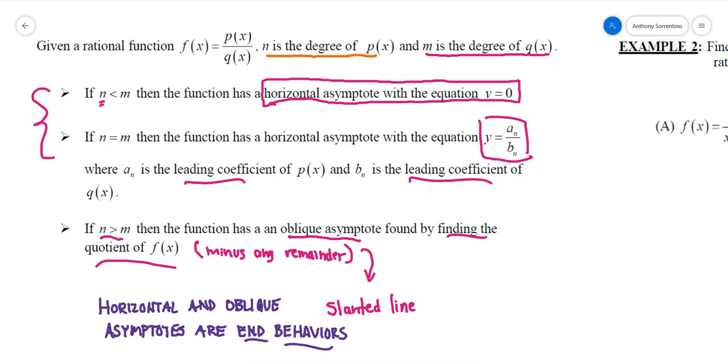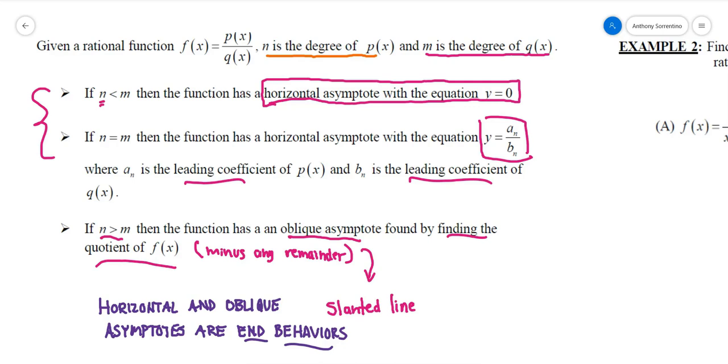As you go out towards the ends, to negative infinity or positive infinity, that's the way it's going to behave. But when all the interesting stuff happens towards the middle of the graph, it is possible to have situations where a graph of a rational function may in fact cross through the horizontal or oblique asymptote. That's why if you have a horizontal asymptote, you could possibly have a range restriction, or you may not. You just have to see how it plays out.